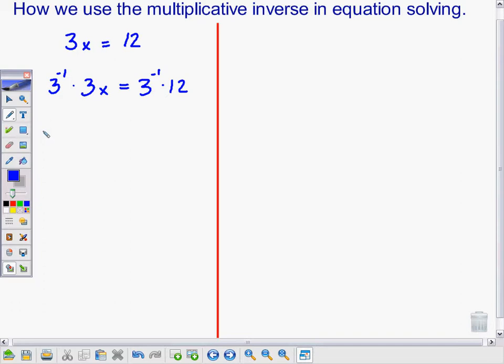It's its reciprocal. It is also the multiplicative inverse because it undoes multiplication. So 3 to the negative 1 times 3 is just 1. So I get 1x equals 3 to the negative 1 times 12, which is 4. Now 1 times anything is just that something. So 1 times x is just whatever x is. So x is equal to 4.